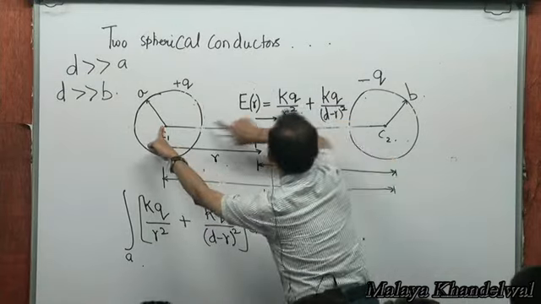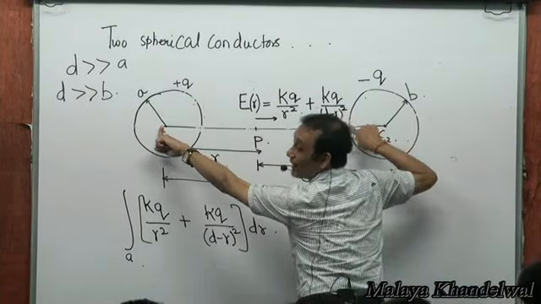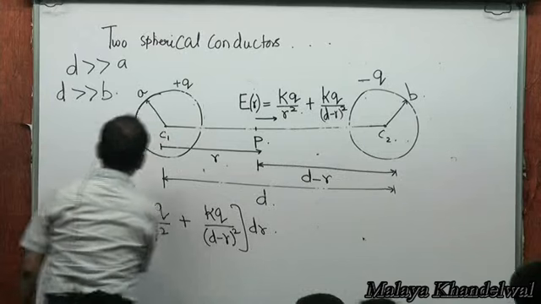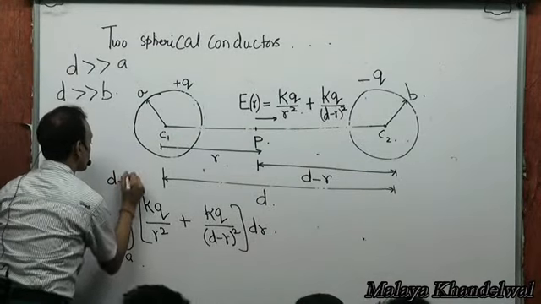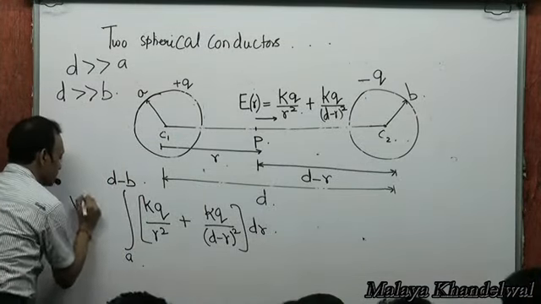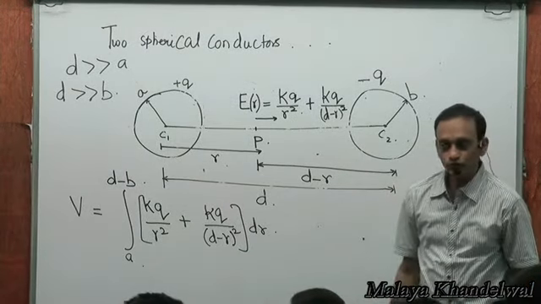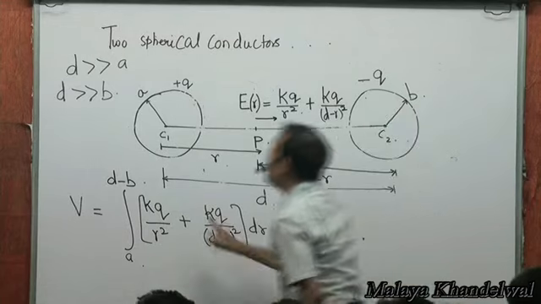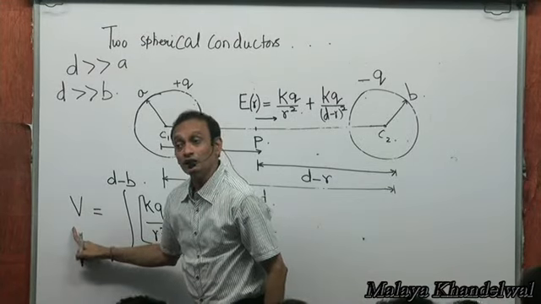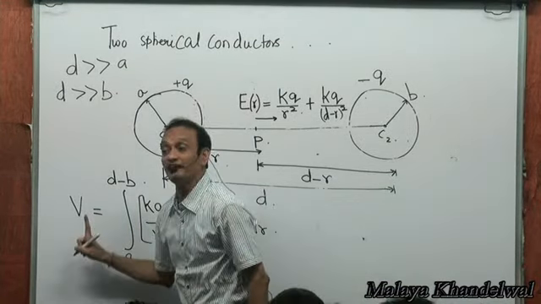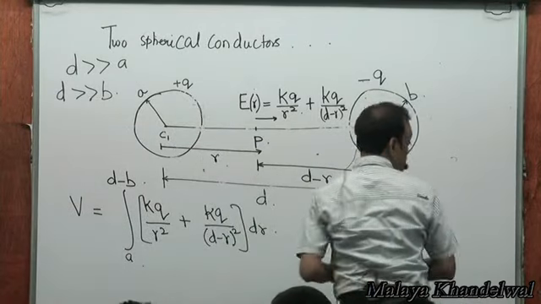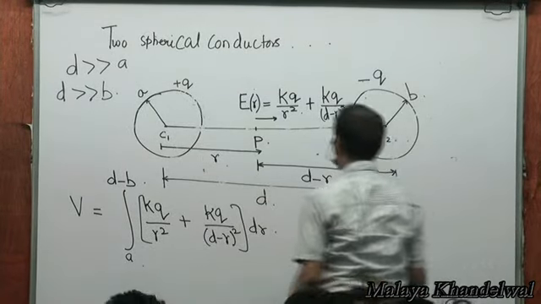So r runs from A to d minus b, right? A to d minus b. That's the potential difference between the two spheres, right? Then Q by V will give me the capacitance of this arrangement. Let's see how much it turns out to be.